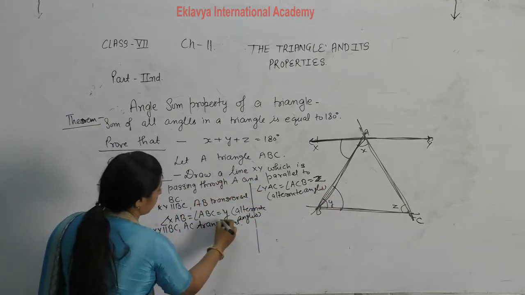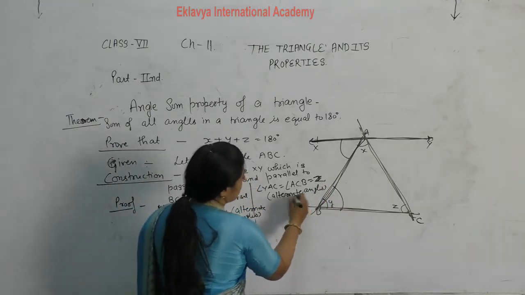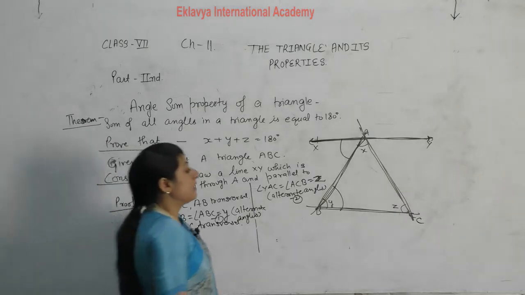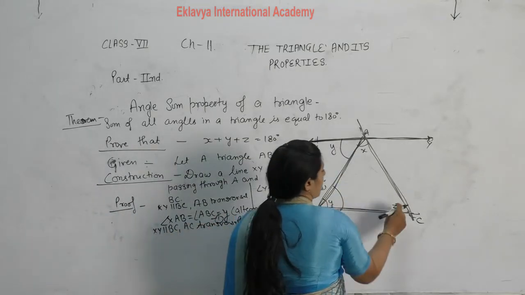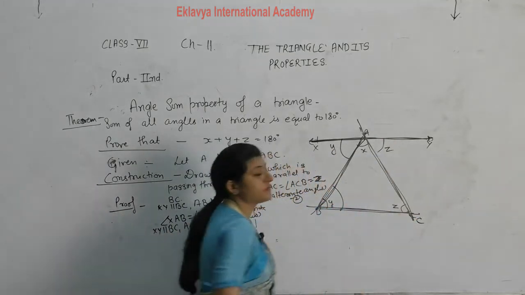We take this as equation first and equation second. It means this one is Y, and this one is Z.